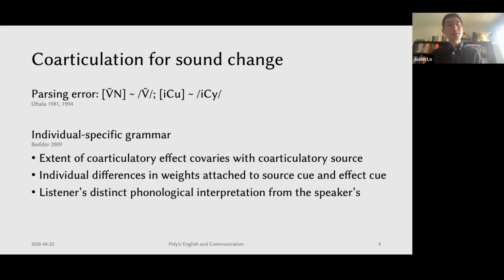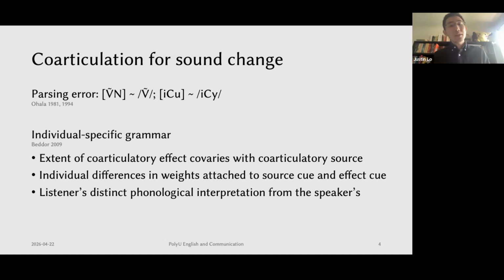If you parse that correctly, then you will resolve in your head that there is an oral vowel and a nasal consonant. But if you have a parsing error, then you would actually think that the vowel itself should be nasal, and that becomes the mechanism for the sound change, for the nasal vowel to arise.